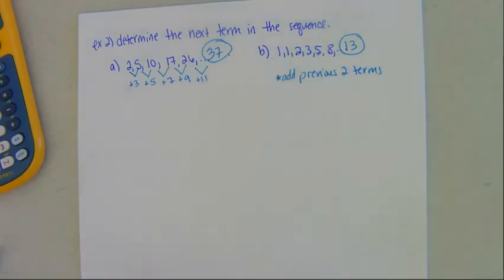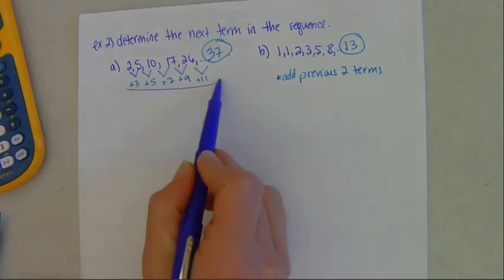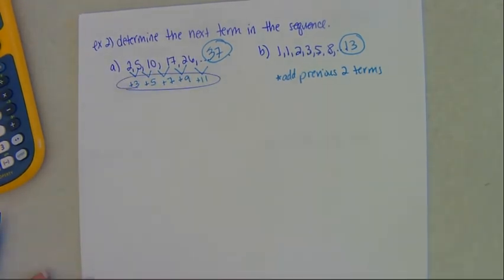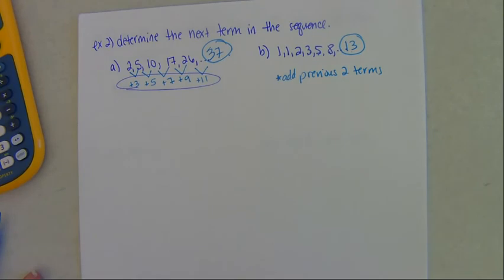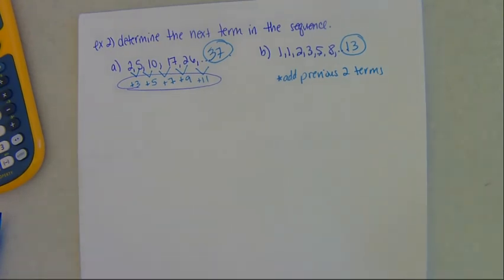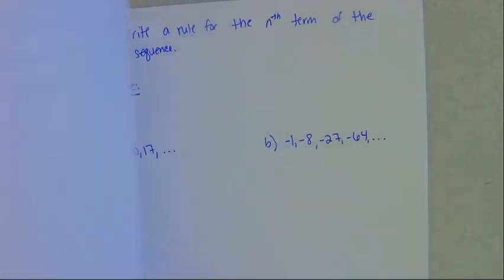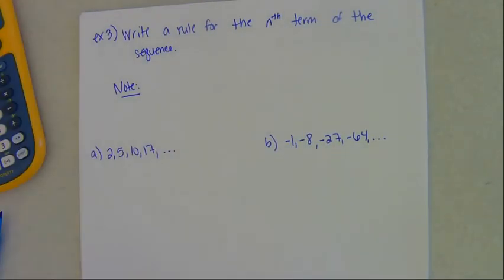So these are the kinds of things that we're going to be looking at. Now I want you to pay close attention to this right here. I want you to write down that when you are adding like plus 3 plus 5 plus 7 or plus 2 plus 4 plus 6, what happens is that you're probably going to end up with some sort of squared exponent. So I've kind of created that space for us here.